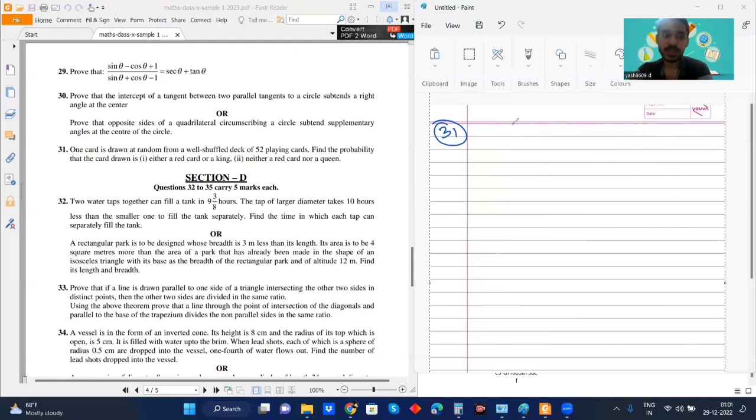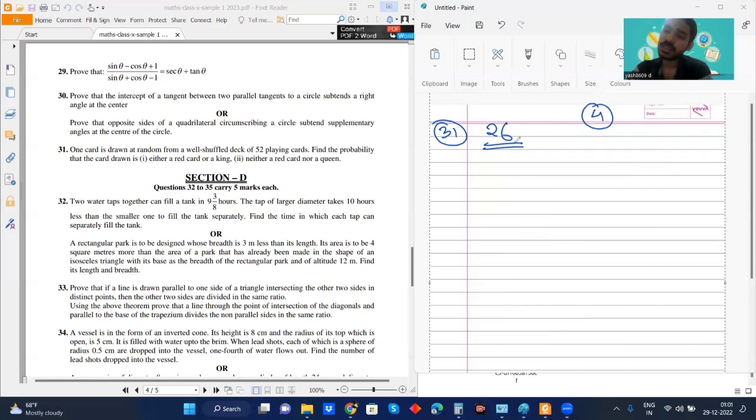Now question 31. One card is drawn at random from a well-shuffled deck of 52 playing cards. Find the probability that the card drawn is either a red card or a king. So how many red cards do we have? We have 26 red cards, right? And kings are 4.